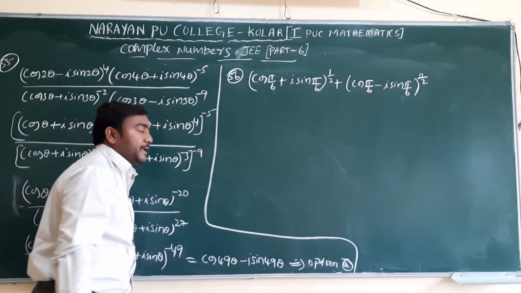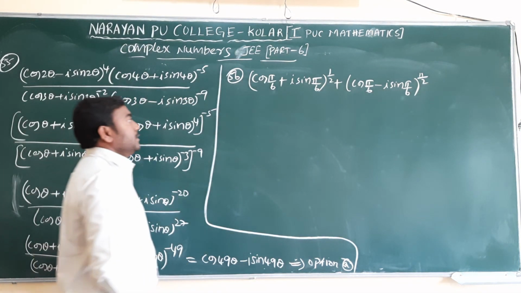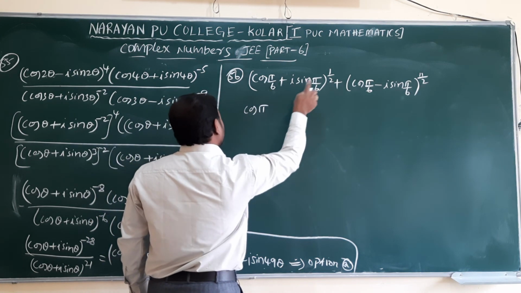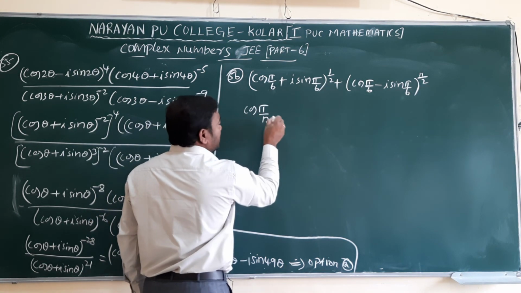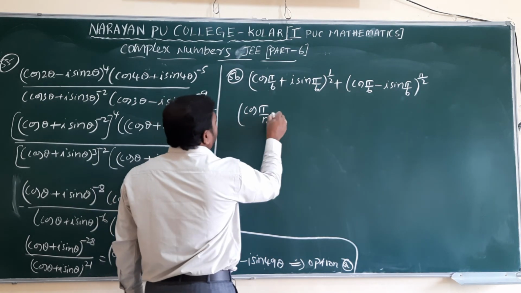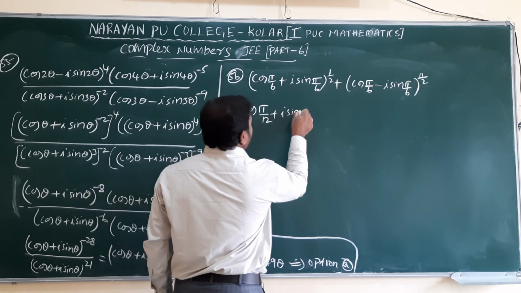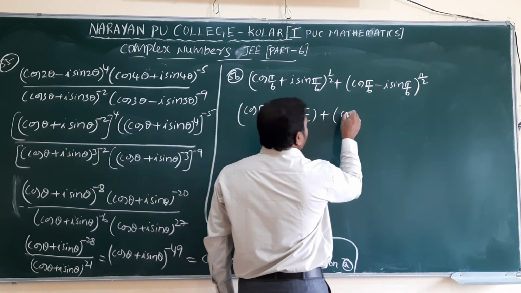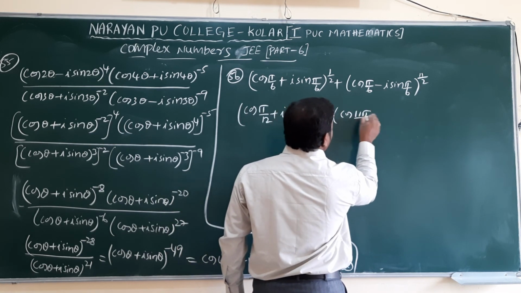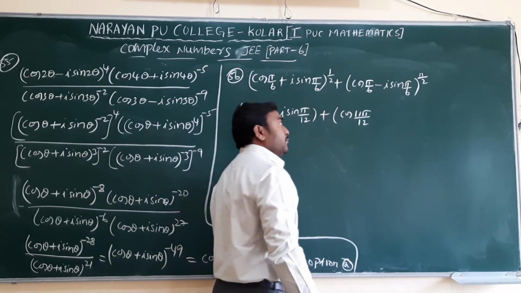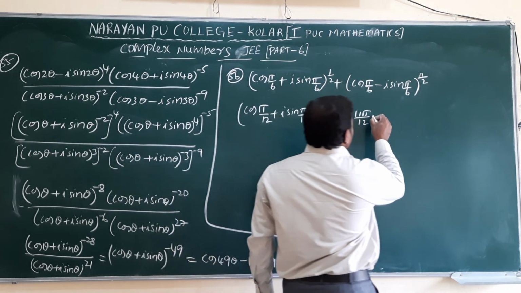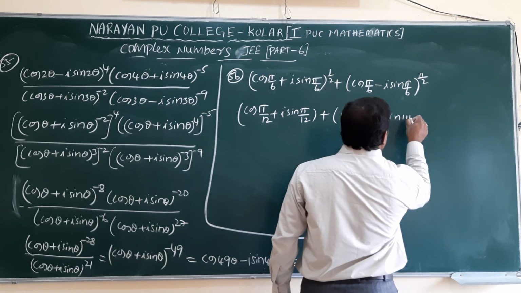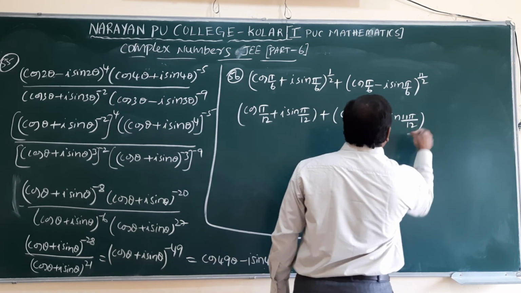Here also by applying De Moivre's theorem, cos pi/6 into 1/2, that is pi/12, plus i sin of pi/12, plus here cos of 11 pi/12, applying De Moivre's theorem, minus i sin of 11 pi/12.